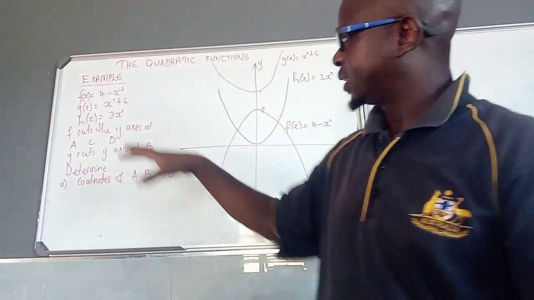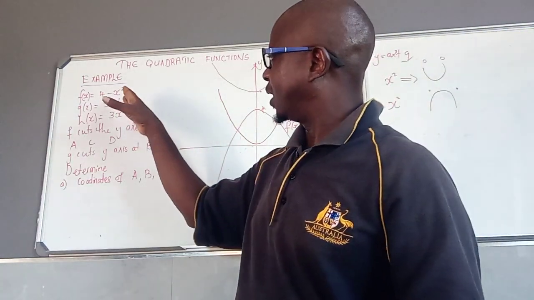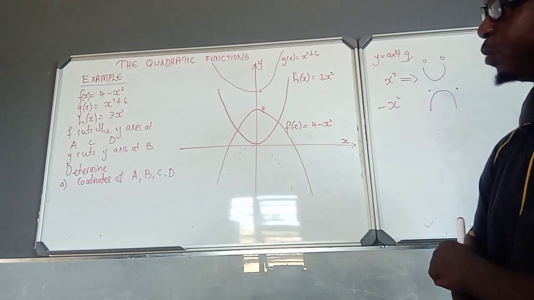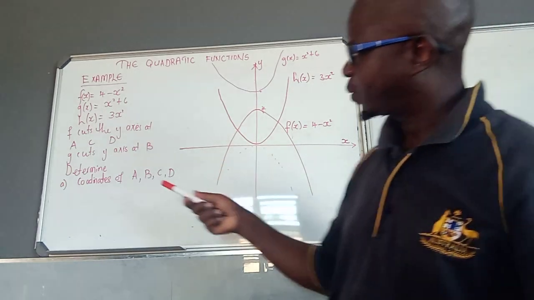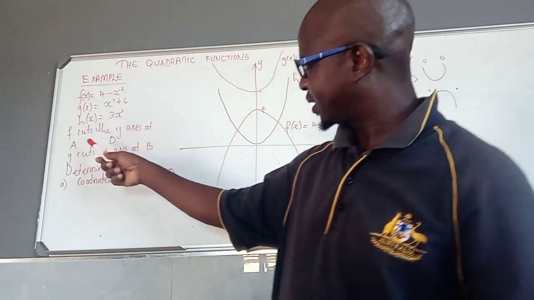Now, these are basically the graphs that represent these equations. So now let's move on to the questions. The question says determine the coordinates of A, B, C. But let's read the instructions.